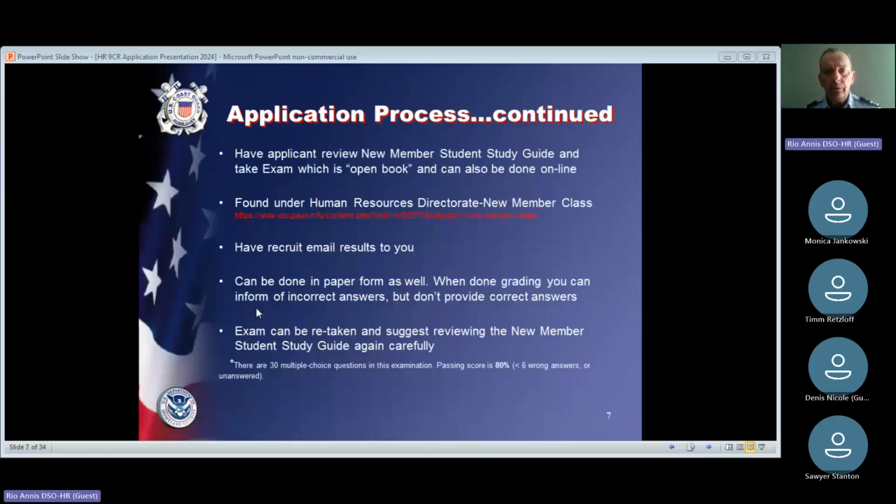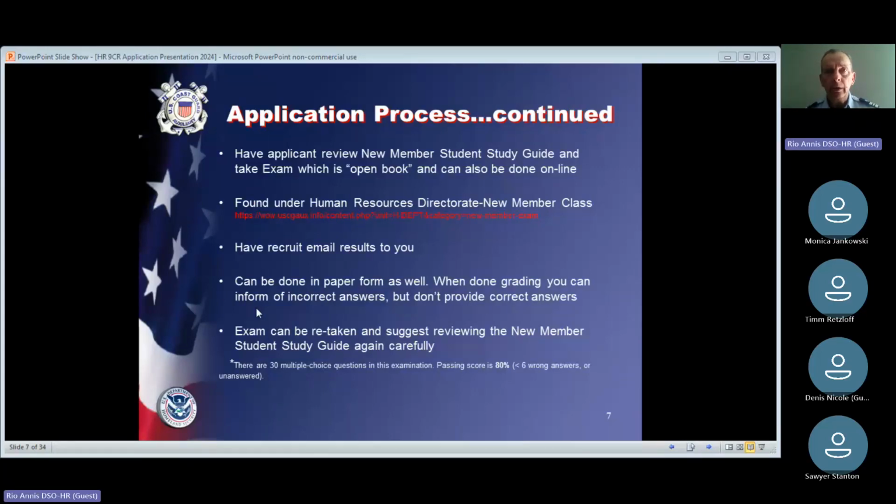We would have the applicant review the new member student study guide and take the new member exam, which obviously is open book, and they can do it online. You can find this online version under the Human Resources Directorate, new member class, and upcoming slide, see a visual of where that is.